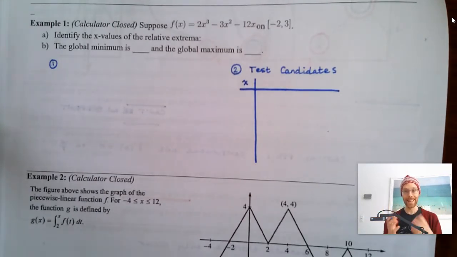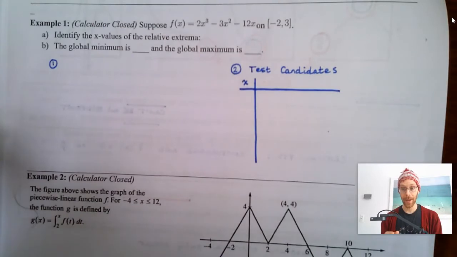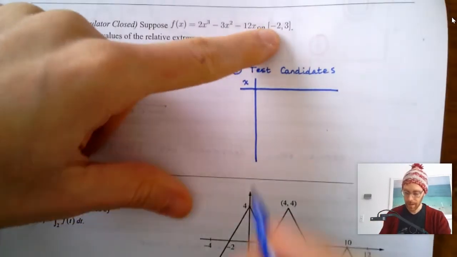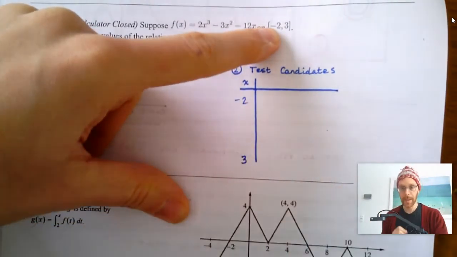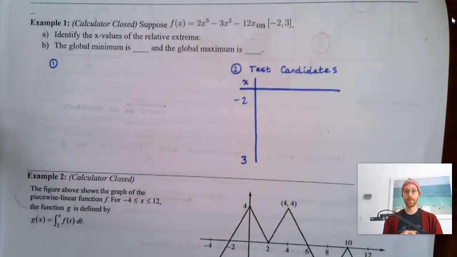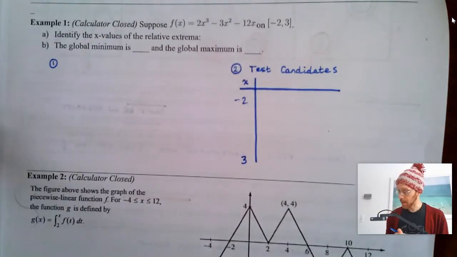So the only candidates we're going to look at are the ones where the maxes and mins can actually happen, which again are at the critical points and at the endpoints. What are our endpoints? They are -2 and 3. The extrema could happen there. What are our critical points? Well, I don't know. That's where step 1 comes in.